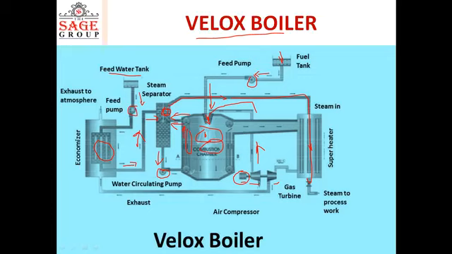Also, the gas produced, which has transferred its heat to the water to convert it into steam, again passes through a decreasing cross-sectional area. So the gas will come here, and this gas also will pass through this superheater section. In the superheater, the steam is coming from here, and the gas is coming from here.